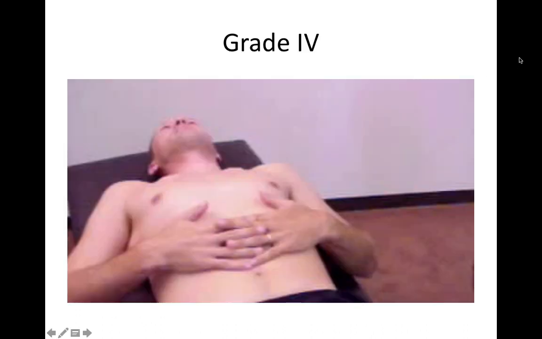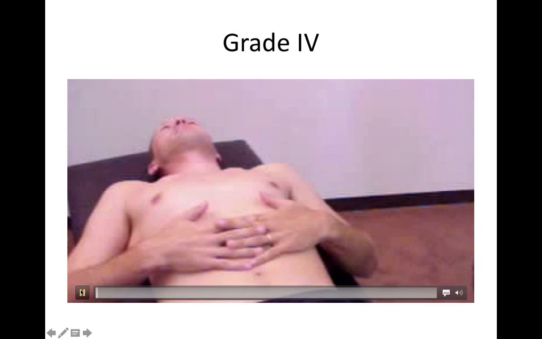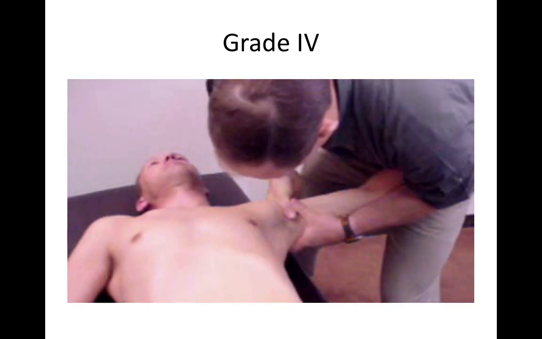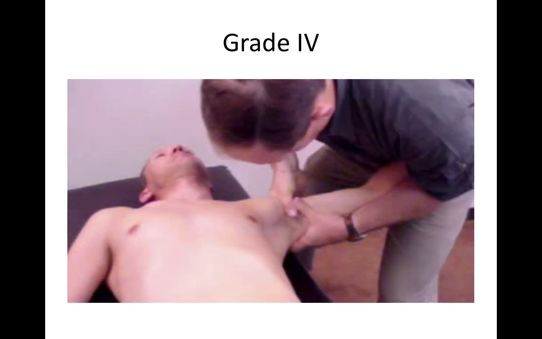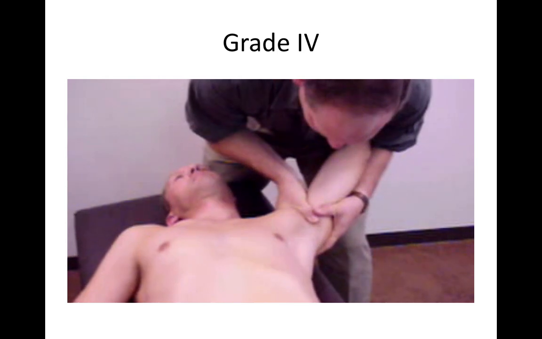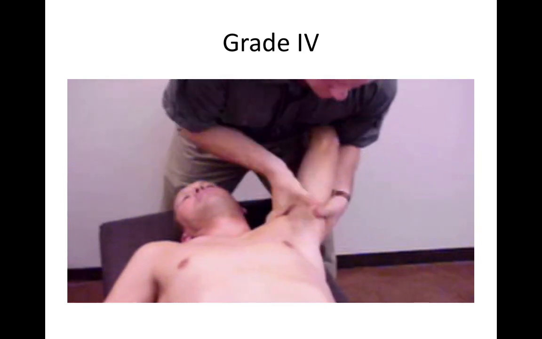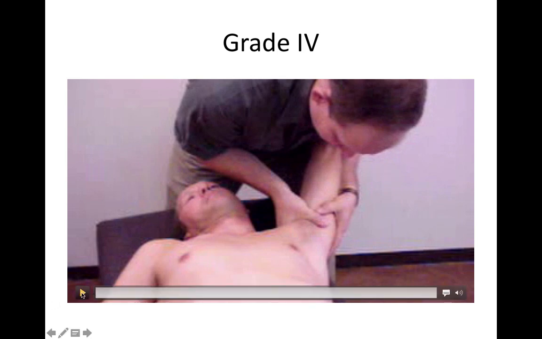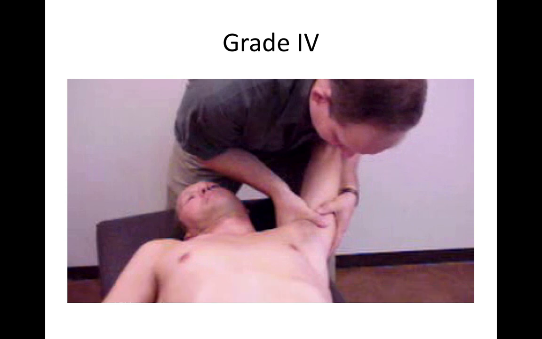Here's an example of a grade 4 technique. In this technique, the therapist is taking the glenohumeral joint close to that barrier, or maybe that R2, and producing small oscillatory movements. You can see that he's placing the glenohumeral joint towards the end here in physiological flexion. He's then producing an inferior glide using a grade 4 technique.